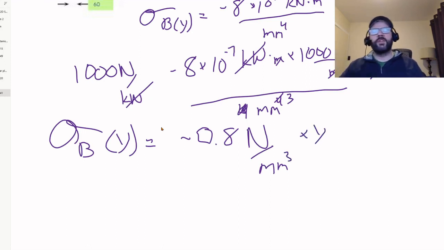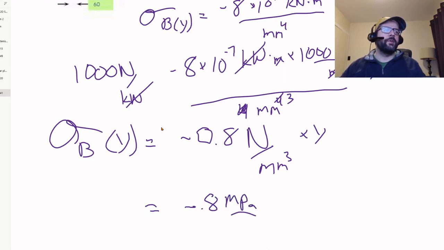So when we plug in a value for y in millimeters, one of these is going to cancel out, and we're going to be left with newtons per millimeter squared, which is a megapascal. So what we could also do here is negative 0.8 megapascals per millimeter times y.